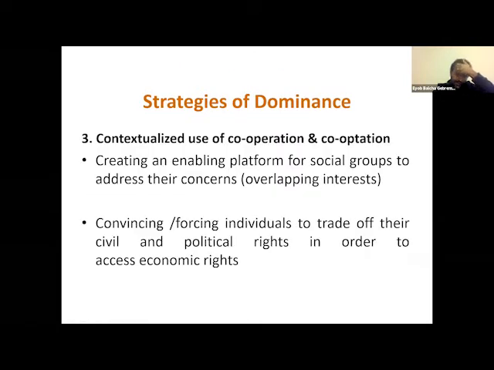My case study specifically focused on two cases: the urban consumers cooperatives in Addis Ababa and the youth employment programs.